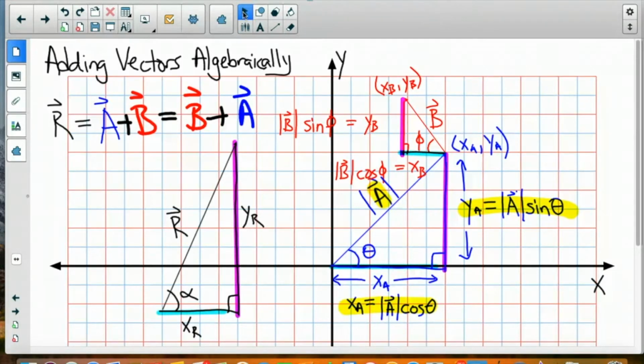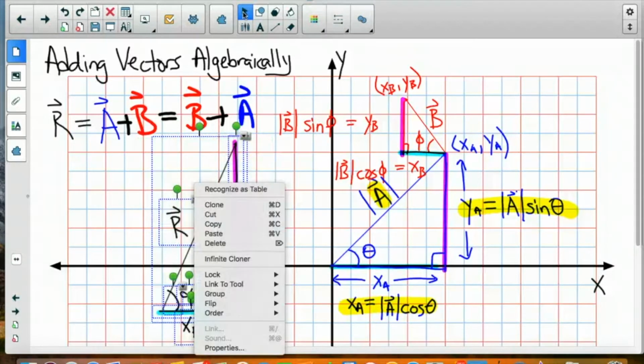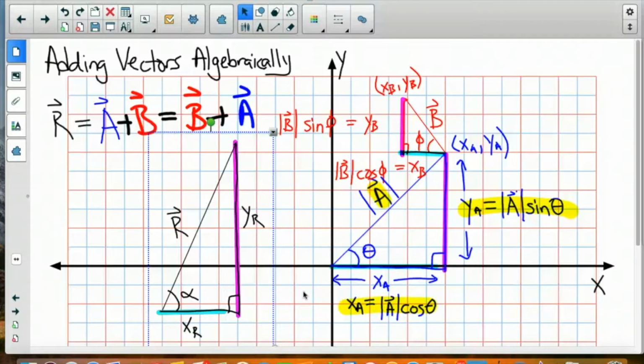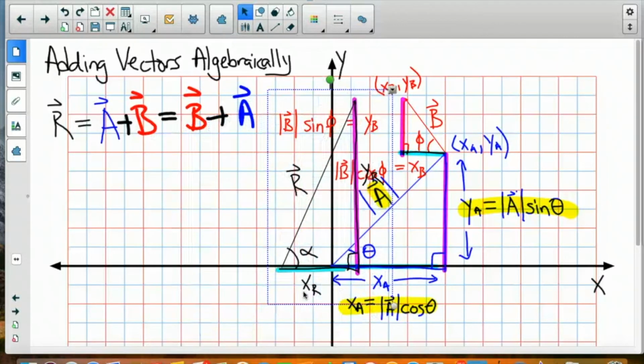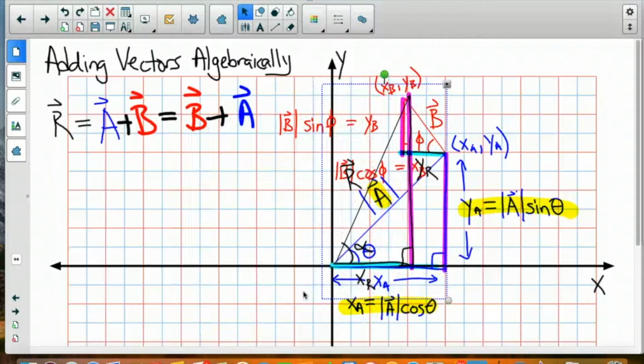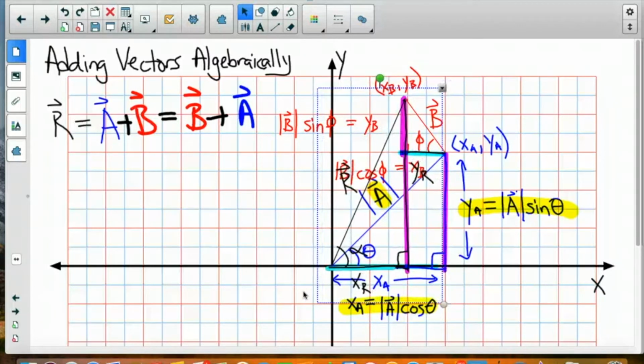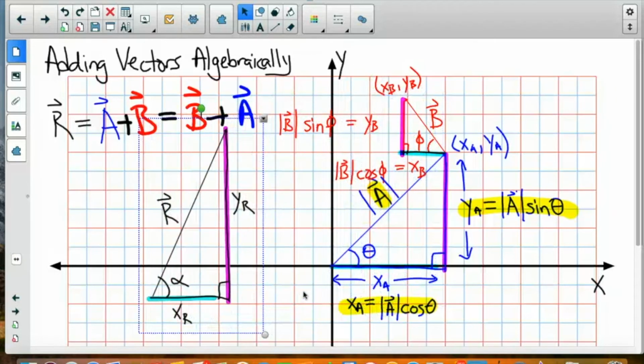So we saw that ya plus yb gave me yr, and that xa plus xb gave me xr.